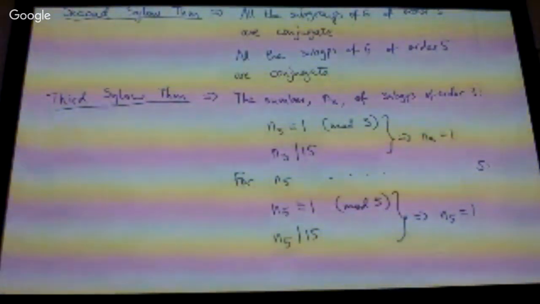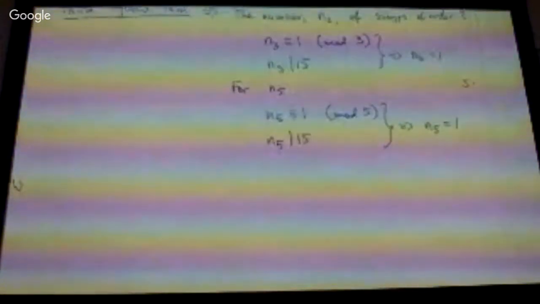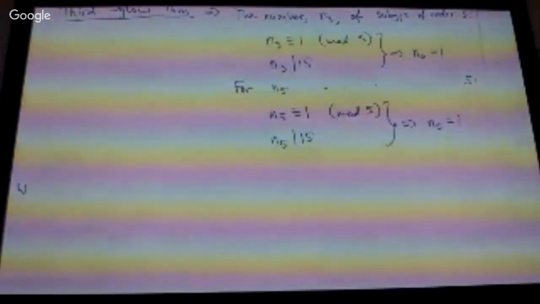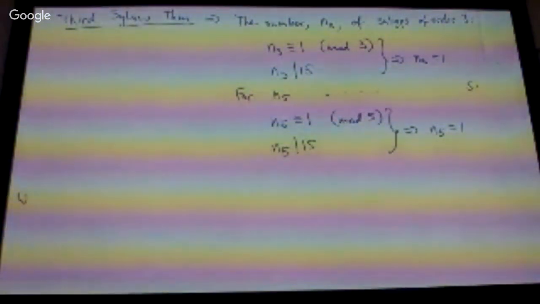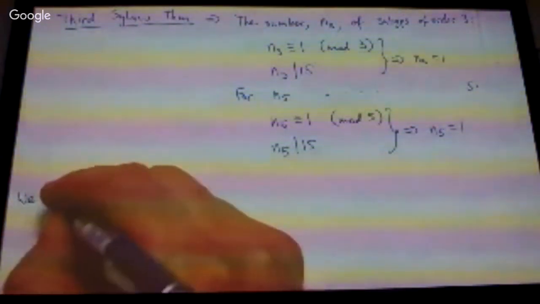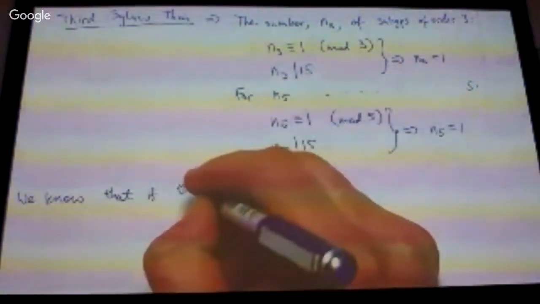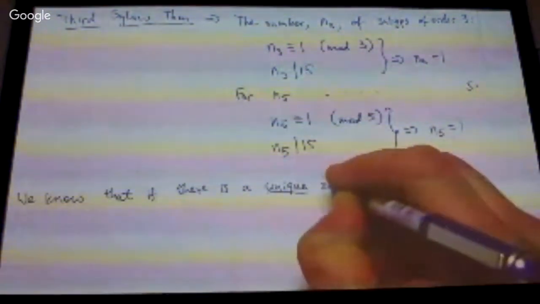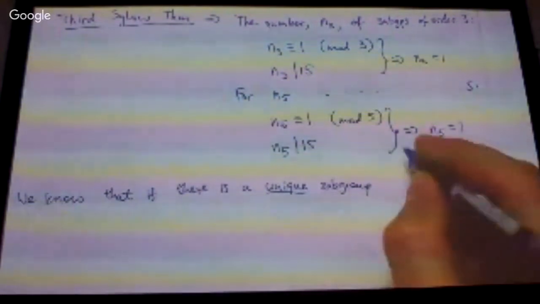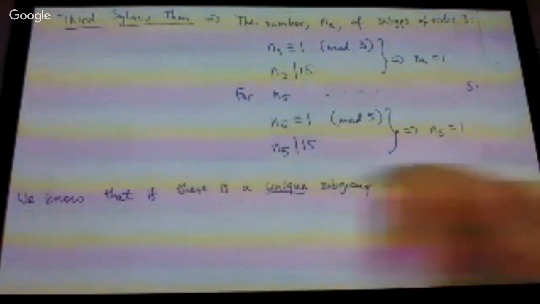Or we're using the more basic thing that when you conjugate a subgroup, you get a subgroup. Maybe different. Okay, I don't know. Well, yeah. So what we know is that if there is a unique subgroup of order n, whatever, then it is normal.